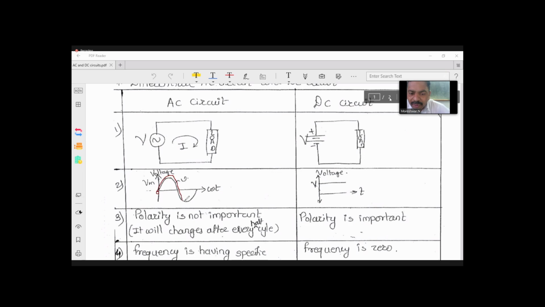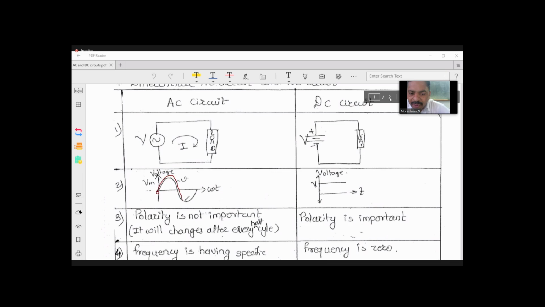Then the next difference is that polarity is not important for AC. It will be changed after every half cycle. The meaning is that, suppose you have an AC load, it may be anything.